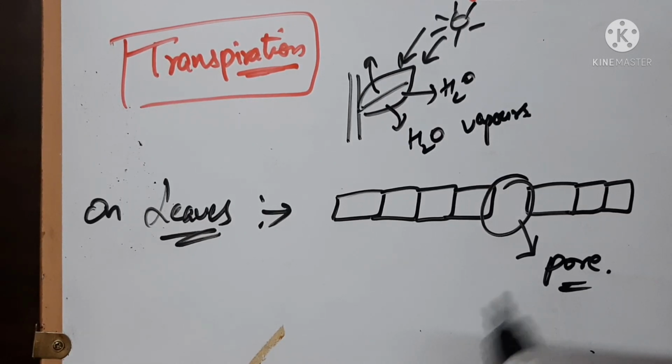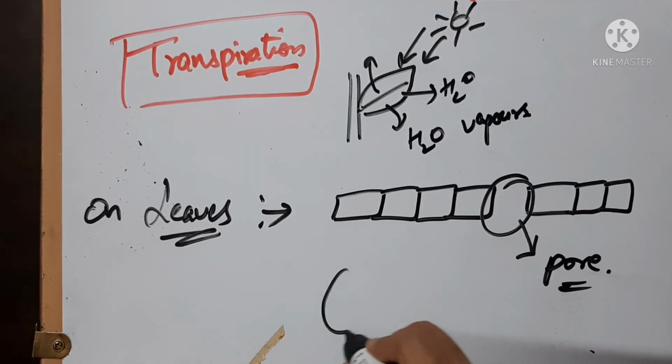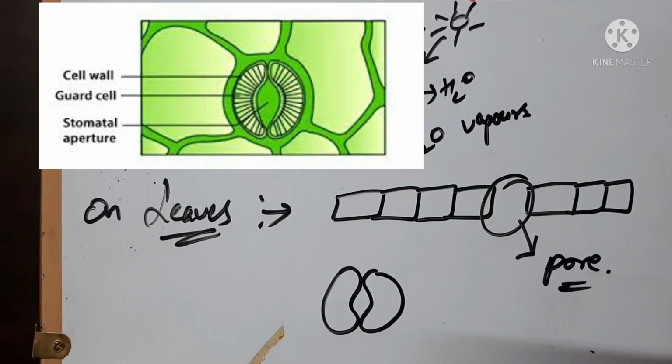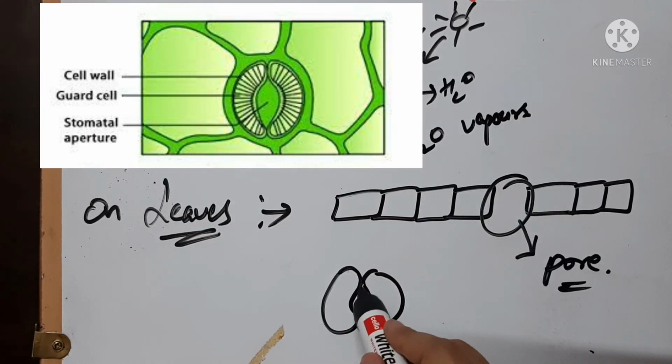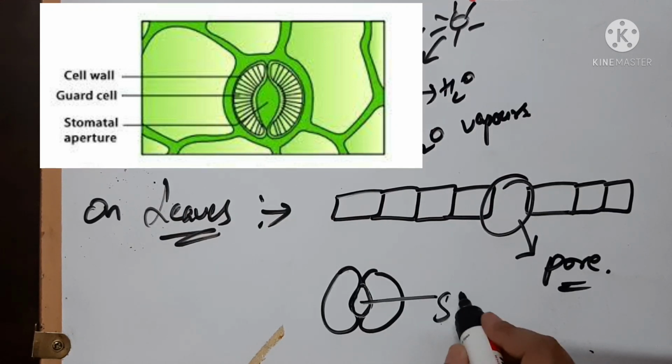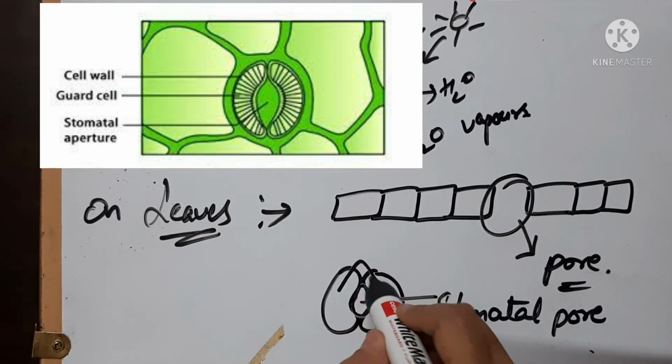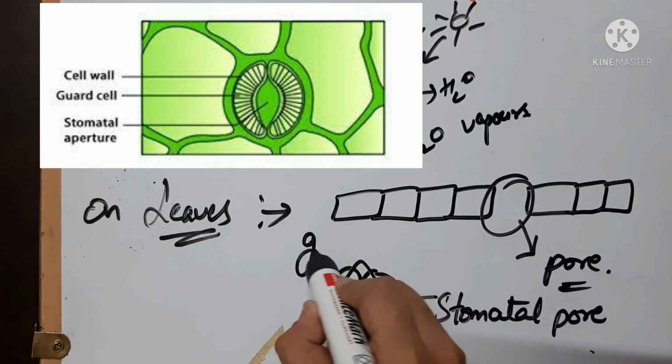So let's talk about this pore. This is the diagram of these pores. This center portion is the pore called the stomatal pore, and these two kidney shaped cells are called guard cells.